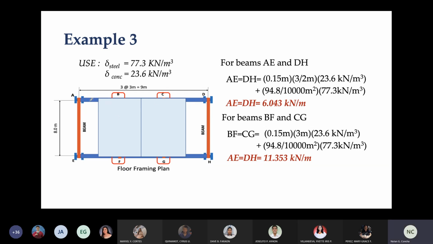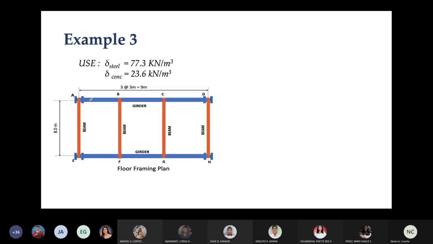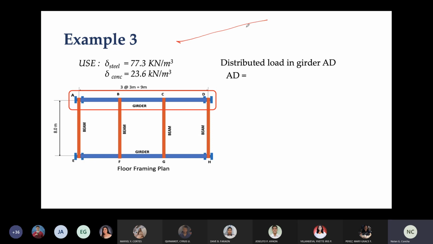Paano naman doon sa girder? Yung mga girders nyo. Anong meron tayo? Siyempre, yung self-weight at saka yung load na ibibigay ng mga beams sa kanila. So, di ba, ito yung girder mo.